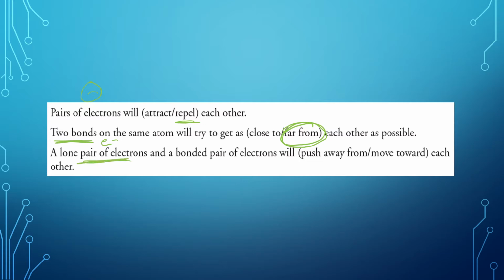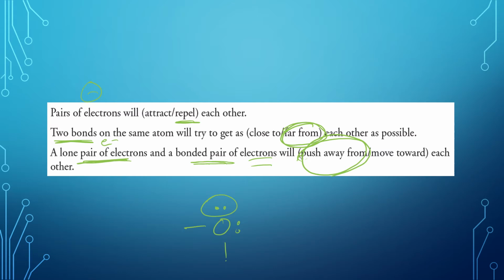Lone pairs of electrons and a bonded pair of electrons, what they're going to want to do. If you remember from the structure before, this is a lone pair, and this is a bonded pair over here. Because they are the same charge, electrons, negative, they're going to want to push away from each other as far as possible.